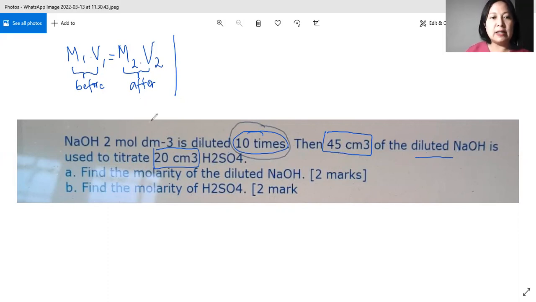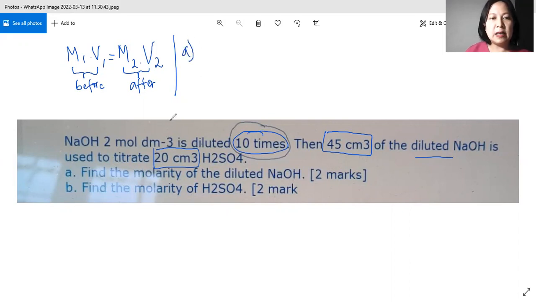That's why we have the dilution part and the titration part. And then A, find the molarity of the diluted NaOH. Let's find it together.